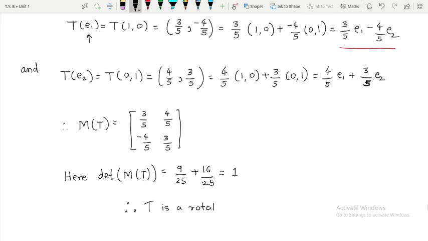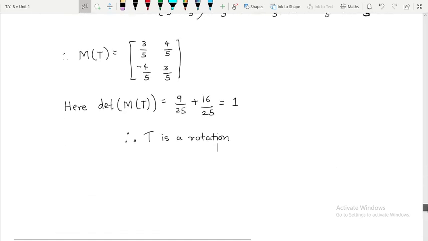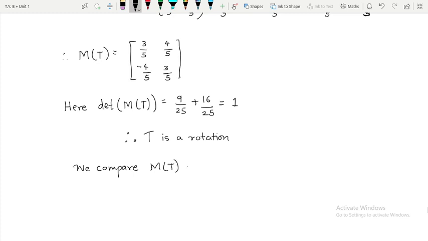Now since T is a rotation, we are supposed to find the angle of rotation. So we are going to compare our M of T with the matrix of rotation. So what is our rotation matrix? It is cos theta, minus sine theta, and sine theta, cos theta.